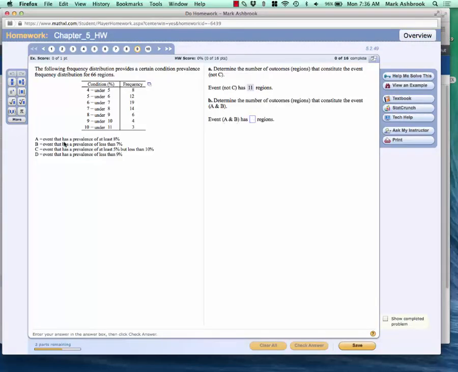So what's A? The event that at least 8%, and B says prevalence less than 7%. Okay? So at least 8% and less than 7%. At least 8 would be all these, and then less than 7% would be these. So how many outcomes satisfy both of those?